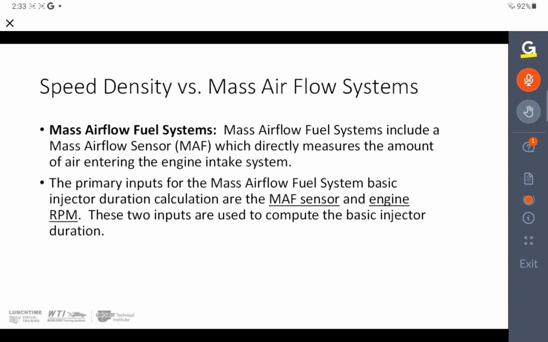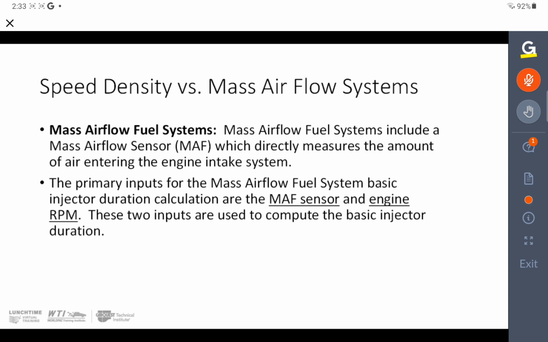When you're looking at a vehicle with a mass airflow sensor, the general rule I like to use to figure out if a mass airflow sensor is telling the computer the right information is I like to see 1 liter equals 1 gram per second.